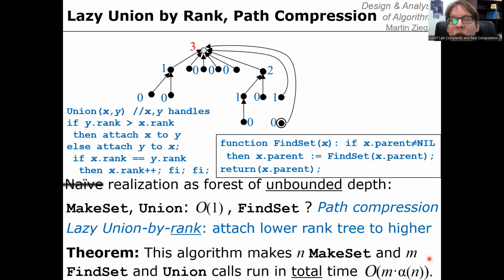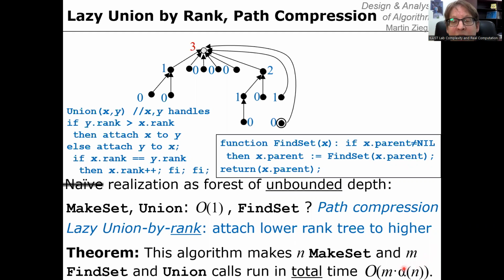It grows more slowly than log n, and actually even more slowly than log star m, which, as you recall, means how often can we iterate log before resulting in an argument less than 1.